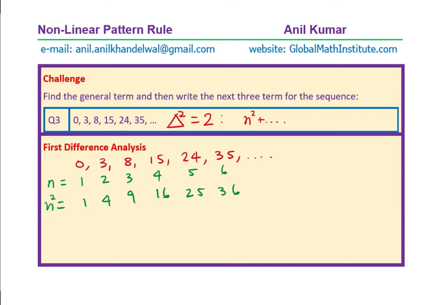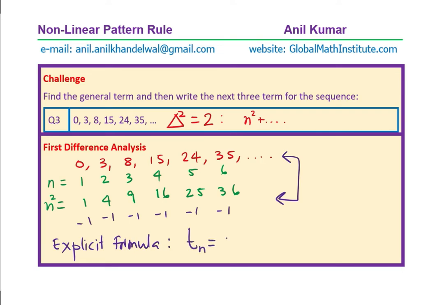How do you get from n squared to the other term? Well, take away 1, right? If you compare the two, we can see definitely that I have to take away 1 to get my sequence. Is that clear to you? And therefore, the explicit formula, you can easily see, is any term is equal to n squared minus 1, correct?